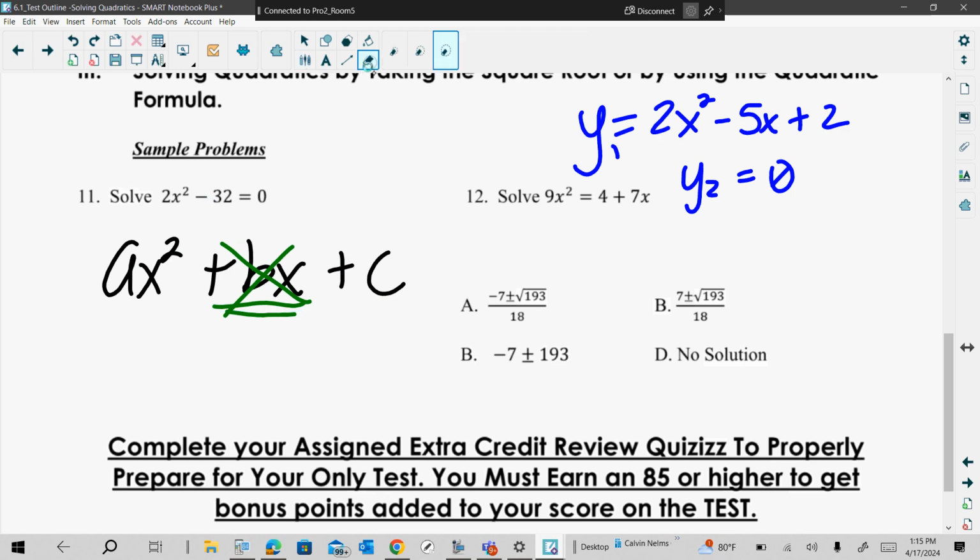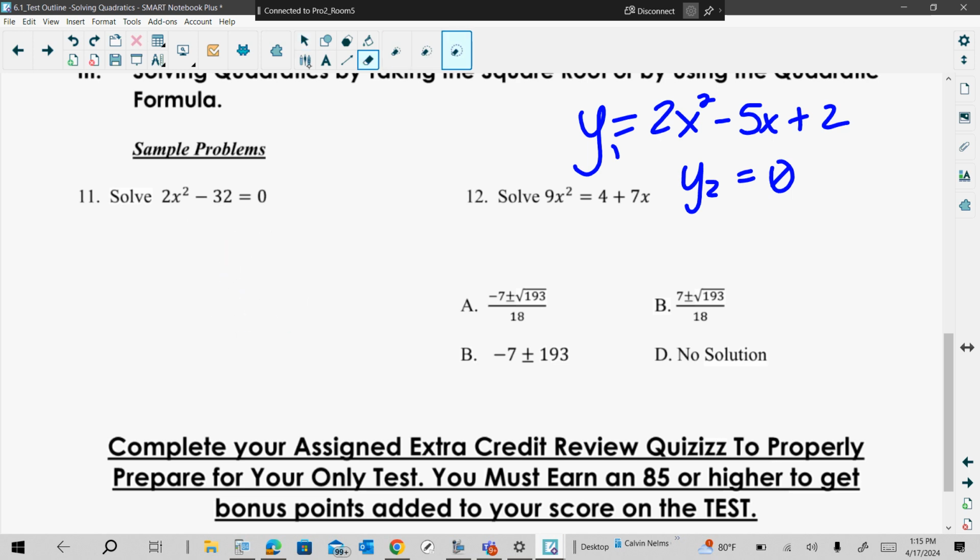Now, someone already saw a different method because there's always more than one method, guys. There's not just one way to solve every problem. Here, I saw the coefficient and I saw it goes into 32. So you could do a GCF.